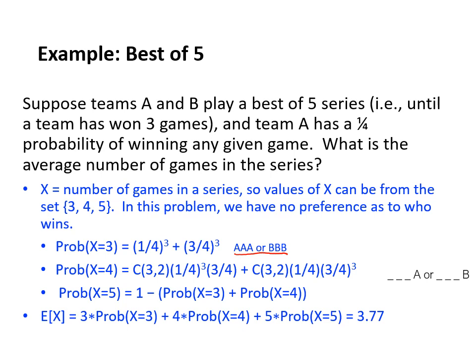Probability that the best of 5 series has 4 games is choose(3,2) times (1/4)^3 times 3/4. So this captures this setting on the right when team A wins.